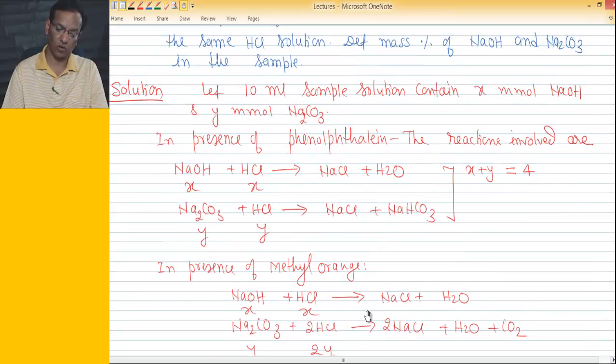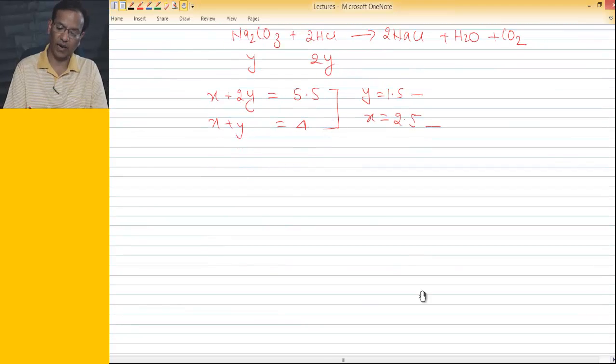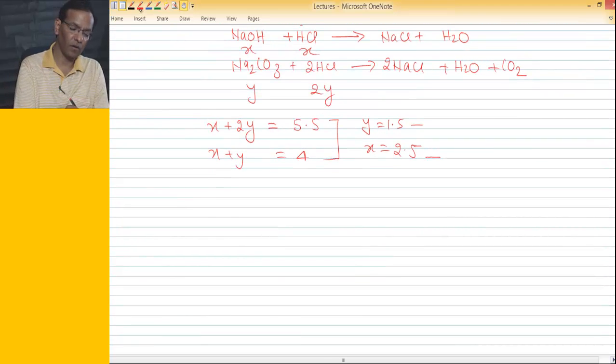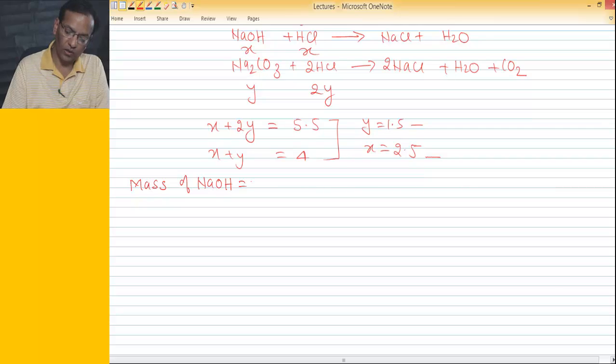Again, X is sodium hydroxide. So mass of NaOH would be equal to its mole, 2.5 upon 1000, millimole converted to mole, into 10, since this is the millimole in 10 ml only.